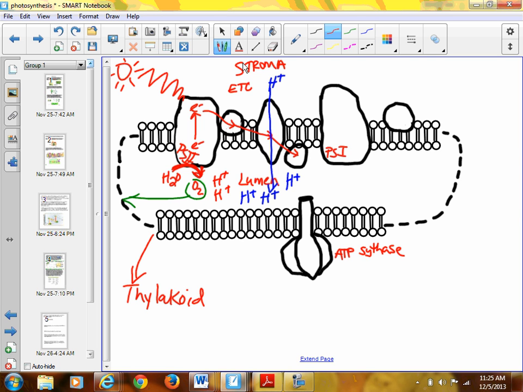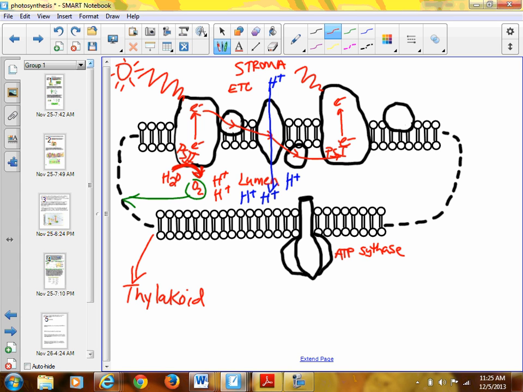Now this electron will get passed eventually over to photosystem 1. Now at photosystem 1, again, a photon of light comes down, provides enough energy to excite this electron.